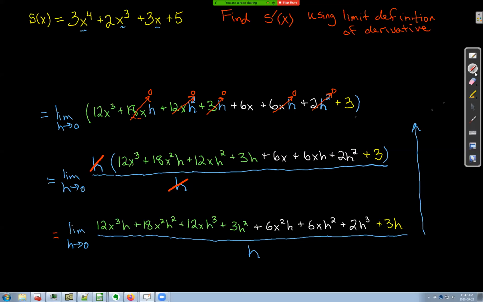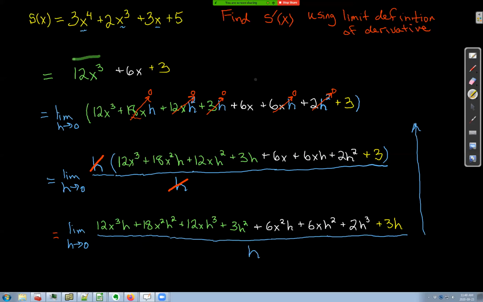And so what are we left with? We're left with the 12x cubed, and we're also left with the 6x, and we're left with the 3. And that is it.